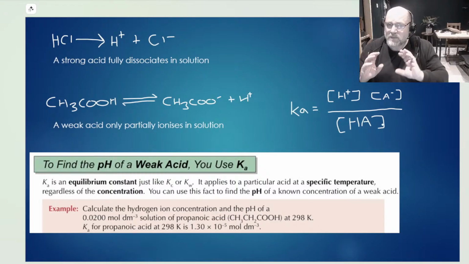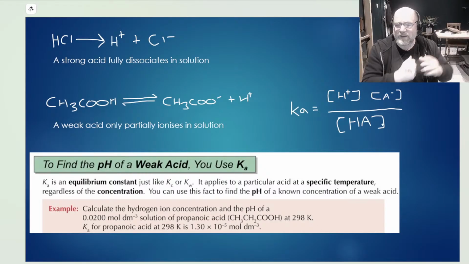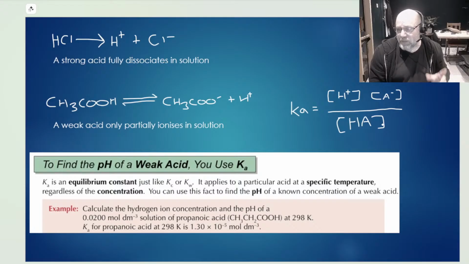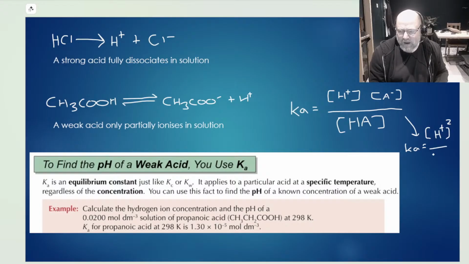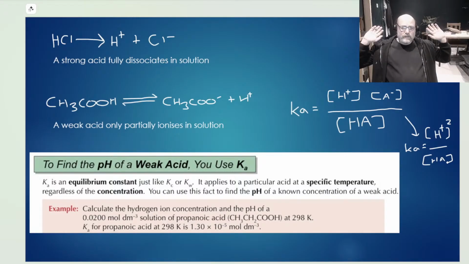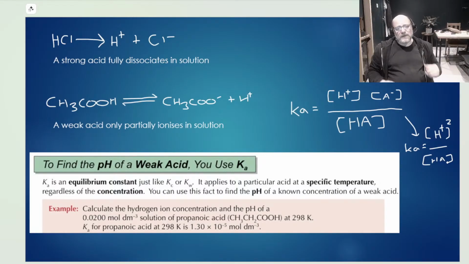You must write it in terms of what they're giving you in the question. You mustn't simplify it, but the simplified version is Ka equals H plus squared over HA, where HA is the acid. That's what you have to remember when solving.